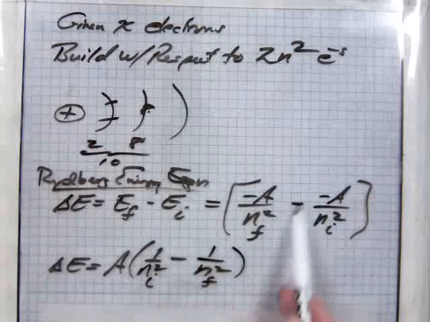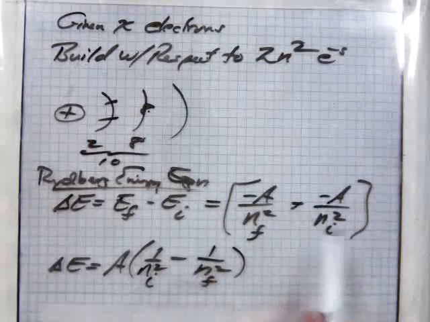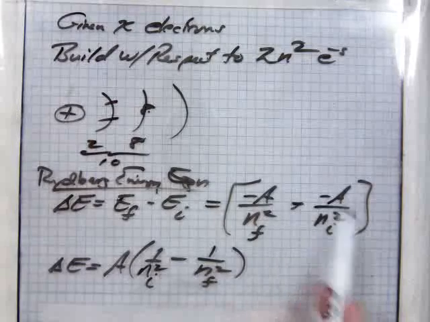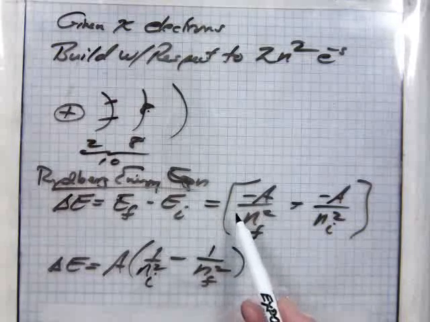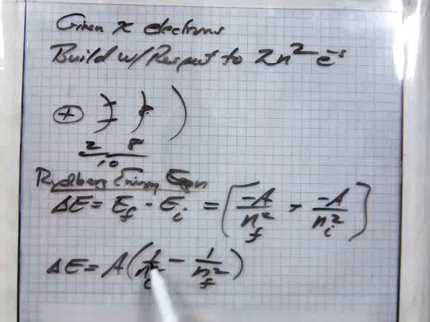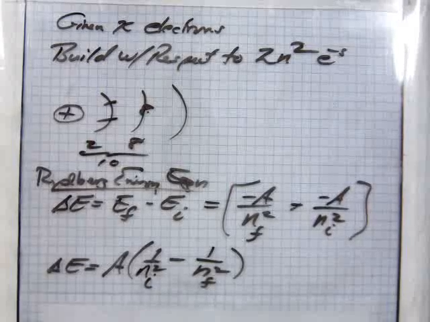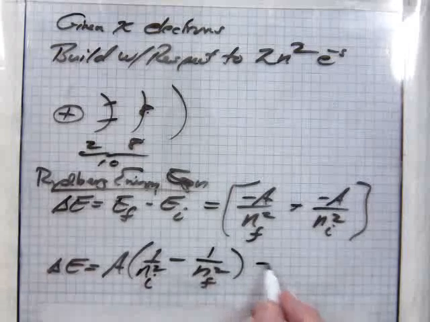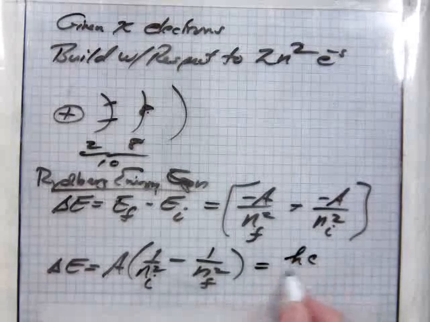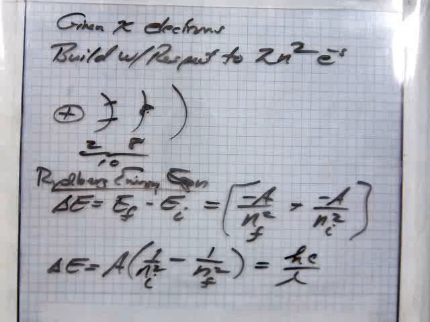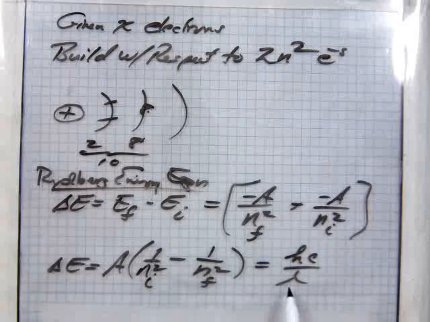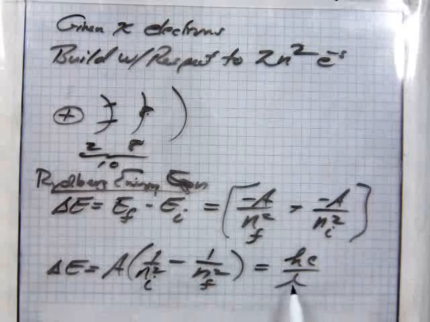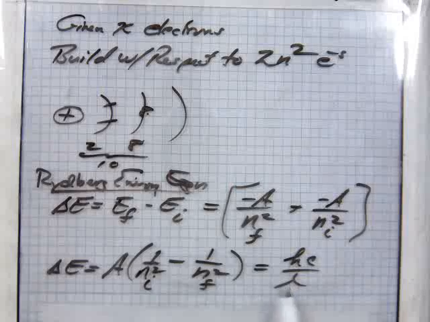Trust me on this for just a second. A minus times a minus is a plus, so this term at the end of the calculation is switched with the first one. That's why it came out initial, final like that. This allows you to calculate the energy, which is equal to hc over lambda for any given wavelength. So you can use this to calculate the wavelength based on a transition.